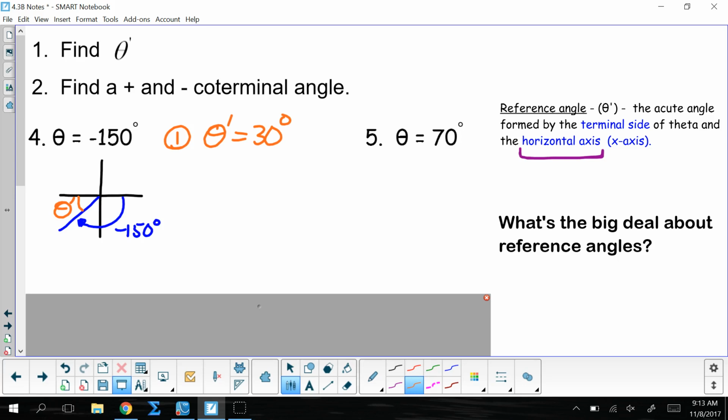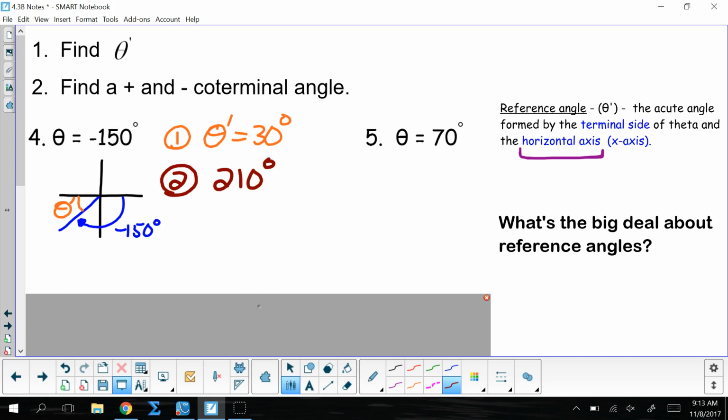Then I want a positive and a negative coterminal angle to go along with it. So on this one, a positive coterminal angle would be 210 degrees.